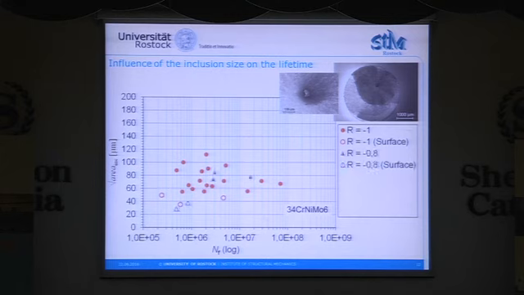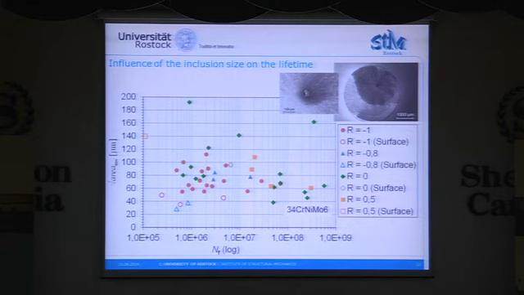If we compare this with the other R ratios, especially with R of 0, you can see that for R ratio 0 there's a large scattering, and the mean value of the square root of area is larger than that of R ratio of -1.